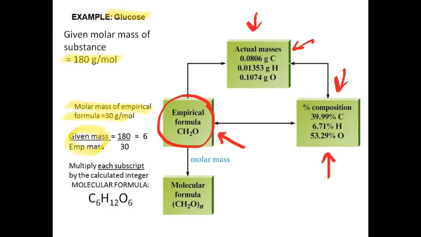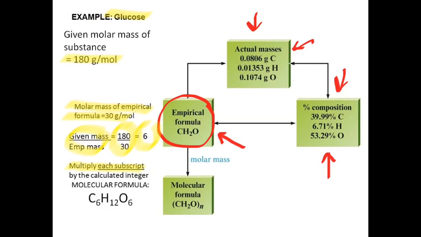If we figure out the molar mass of CH2O, a carbon, 12, 2 hydrogens, about 2, and oxygen, 16, we come up with 30. So we take the given mass, 180, the problem gives us that. We divide it by the empirical mass, 30, and we get 6.